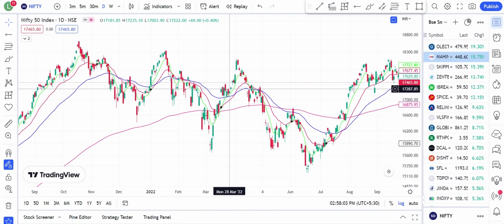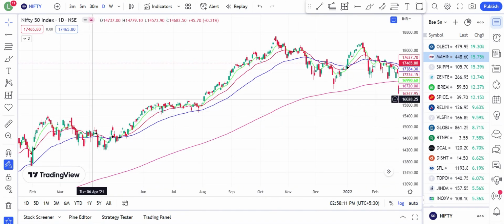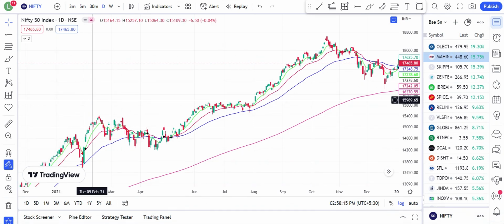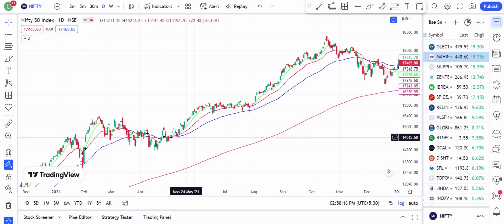So the first thing we need to find out is which are the stocks which are really moving. The first criteria for that is, the stock should be above, for example, if you see this Nifty chart over a long period of time, this should be above the 50 and 200 moving average. It means some of the market participants think that this particular stock is having some gravity, and some money should be put into this particular instrument.